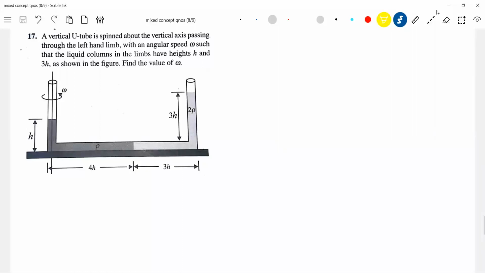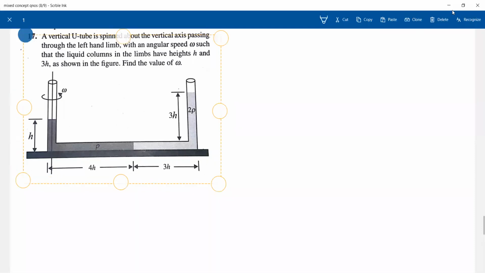Find the value of omega. It will be like this. We had a certain discussion, no? Like y equal to omega square r square by 2g. Why can't we use that formula? Straight away, we had some discussion; can we take help of that discussion we made?